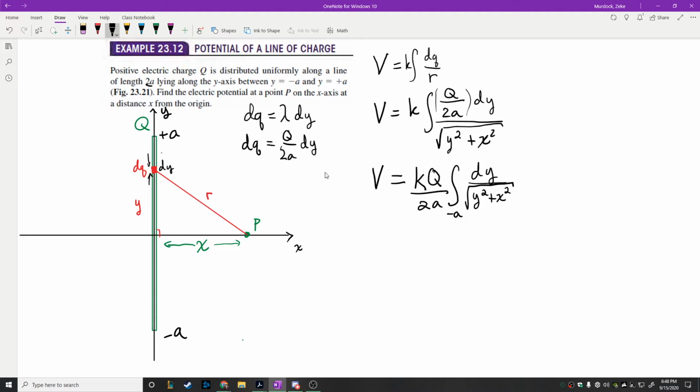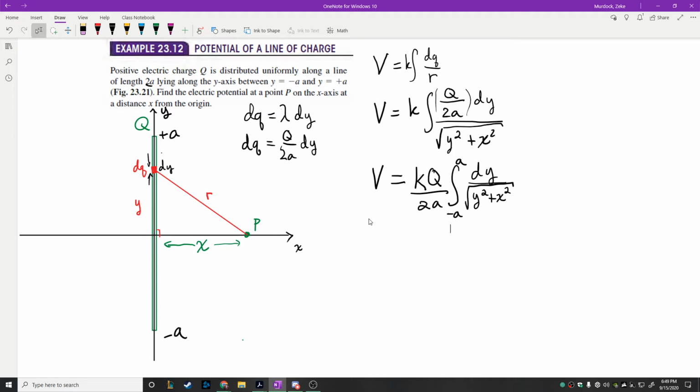Yep, negative a to a. Or, like you guys said, we could pull a 2 out and then just do the integral from 0 to a if we want to. On this problem, I'm not going to do that, and I'll tell you why pretty quickly here.